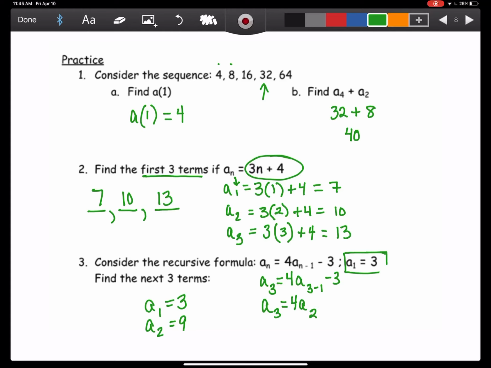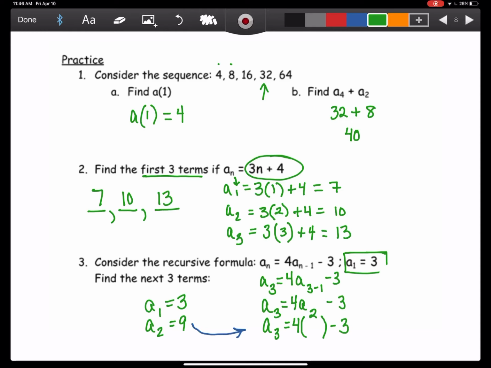It's 2, minus 3. Well, now I know what a sub 2 is because I have it way over here. A sub 2 is going to get substituted now. I'm going to keep working. A sub 3 is equal to 4 times a sub 2 minus 3.